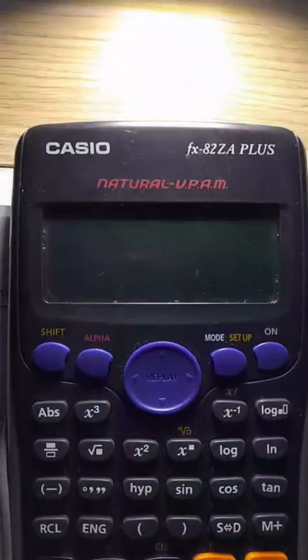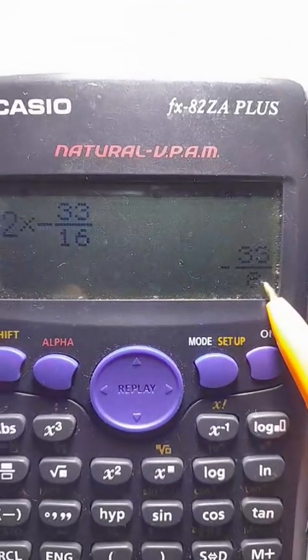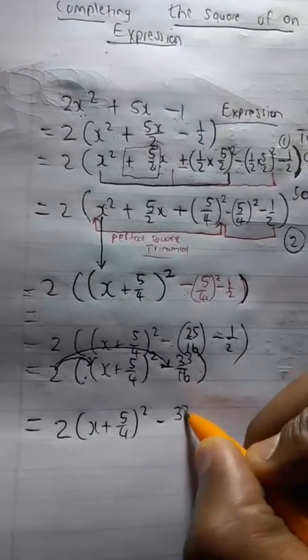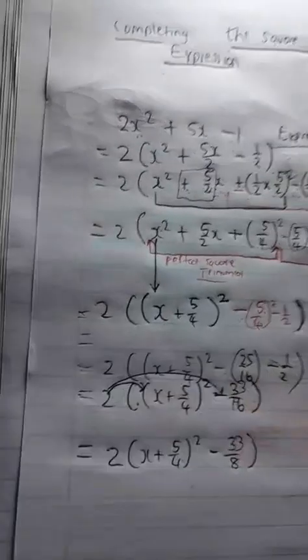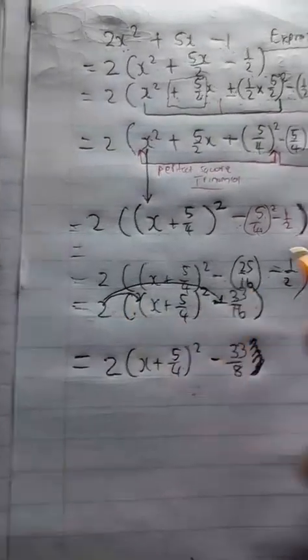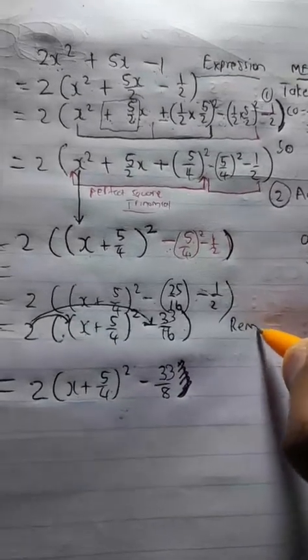We get an answer of negative 33 over 8. So we write negative 33 over 8. That distribution of 2 helps me remove the big bracket.